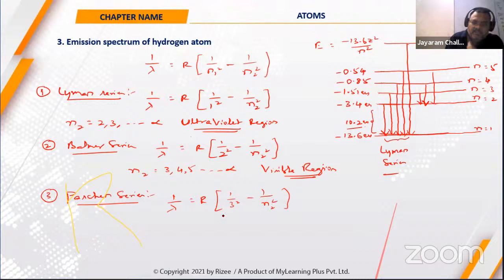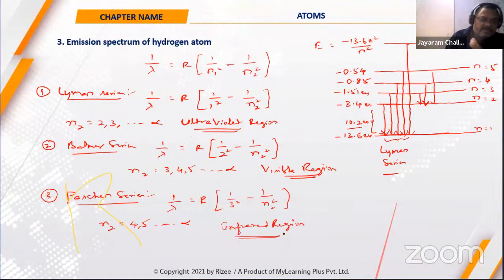The n2 values for the Paschen series start from 4, 5, and so on up to infinity, where the Paschen series comes under the infrared region. Please be careful of this particular thing.